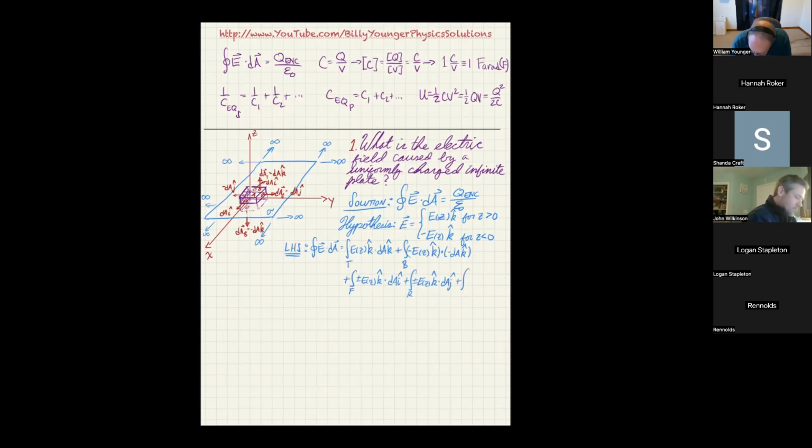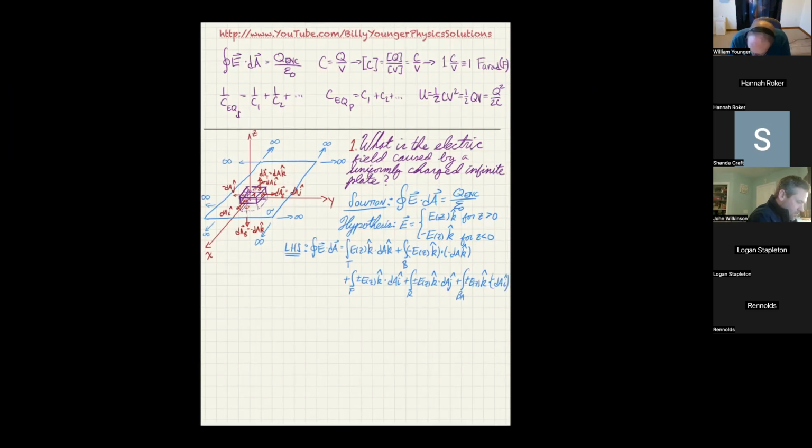Plus the integral over the back, or let's call it rear since we haven't spoken for the R yet. So yes, we have spoken for it in the right. I'll just say BA for back. Okay, this is again going to be plus or minus E of z k hat dotted with, in this case, negative dA i hat.